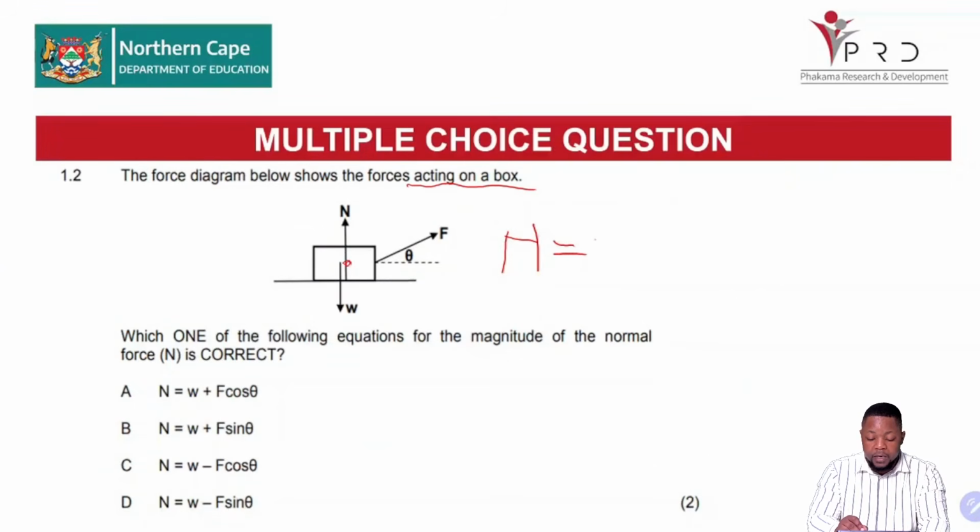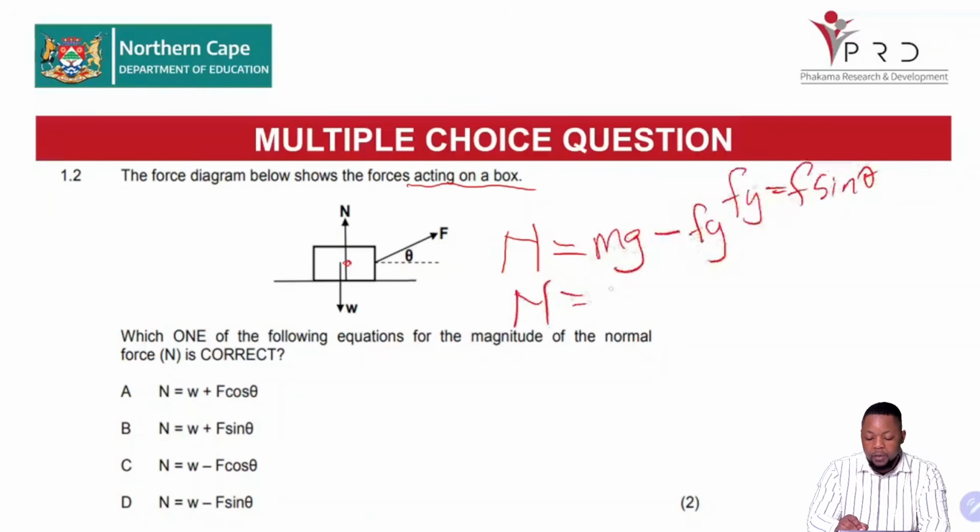The normal force here will be Fg minus Fy. Our Fy is equal to F sine theta, meaning that this normal force can be calculated as mg minus F sine theta. So you are prepared for your exam and you know this.